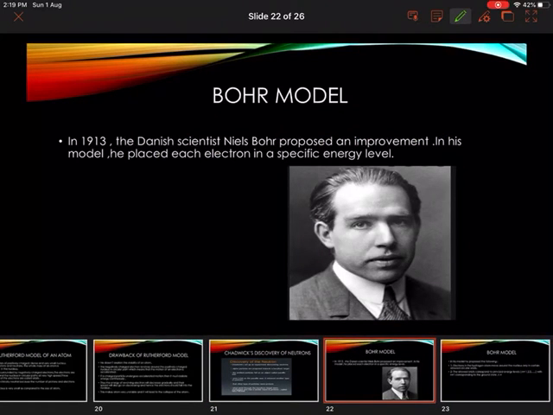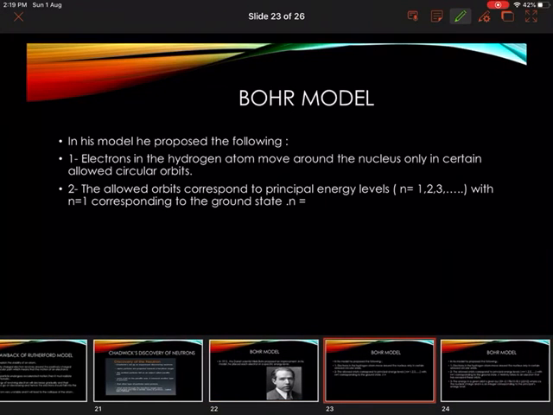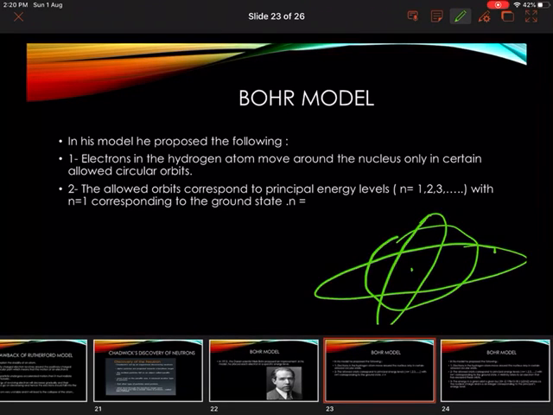After this, the Danish scientist Niels Bohr, in 1913, proposed an improvement. In his model, he placed each electron in a specific energy level. Electrons in the hydrogen atom move around the nucleus in certain allowed circular orbits. The allowed orbits correspond to the principal energy levels.